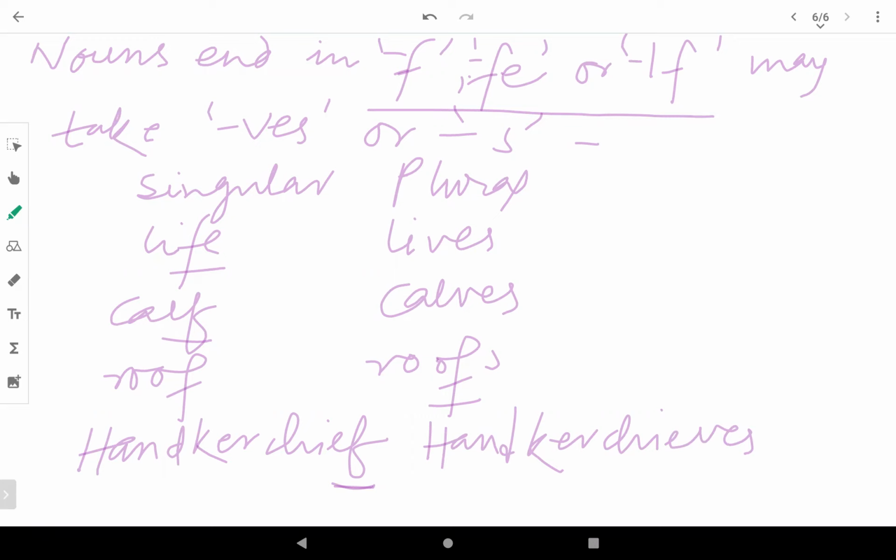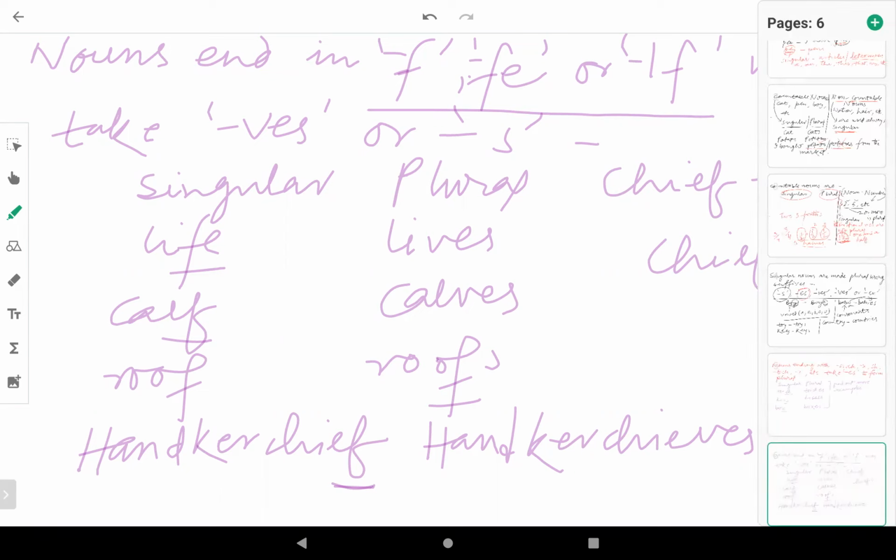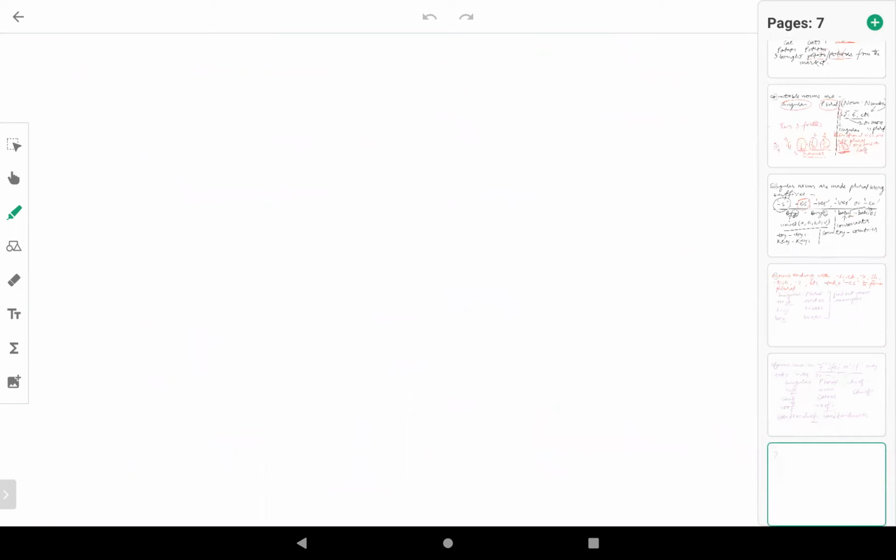So there is no definite rule for this. Again, chief, plural will be chiefs. So there is no other option than to memorize such words and how they are made plural. So these are how countable nouns are made plural.